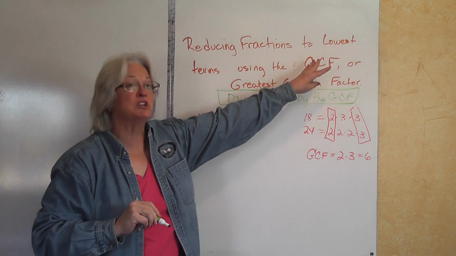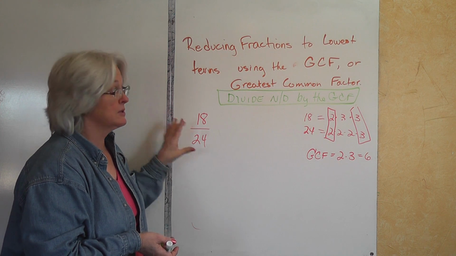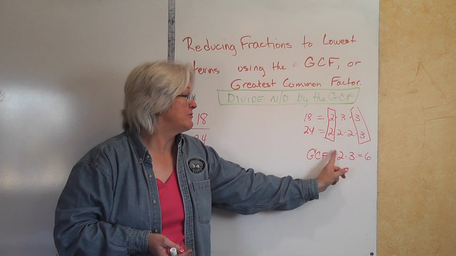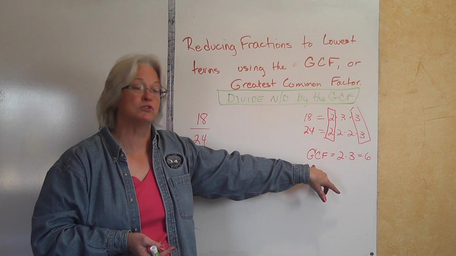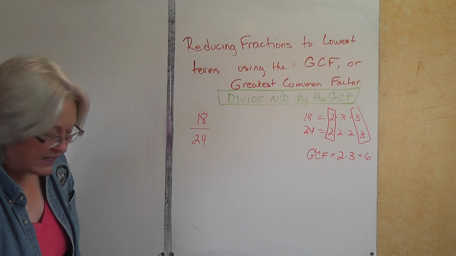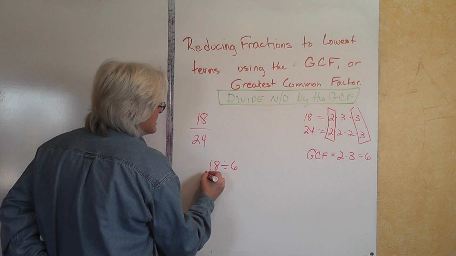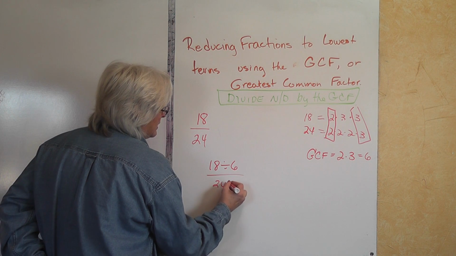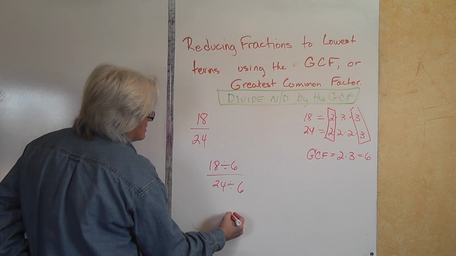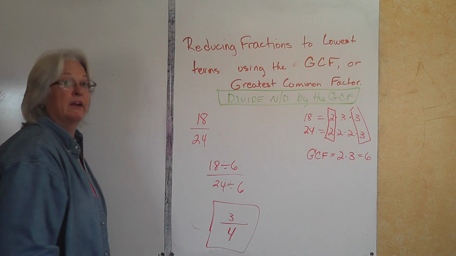If you want to use the GCF, the greatest common factor, to reduce a fraction to lowest terms, prime factor the numerator and denominator, multiply the common factors together to arrive at your GCF, and then divide both the numerator and the denominator by that common factor. 18 divided by 6, 24 divided by 6. 18 divided by 6 is 3. 24 divided by 6 is 4.